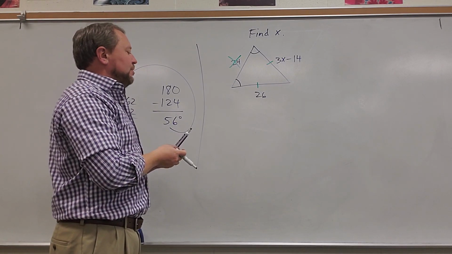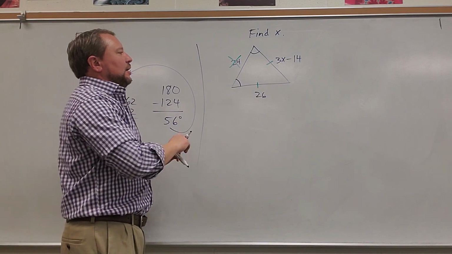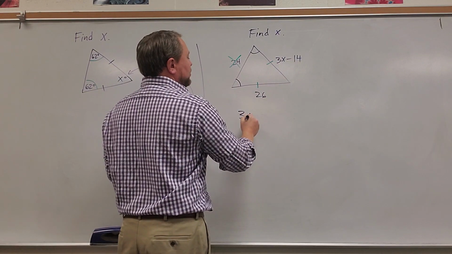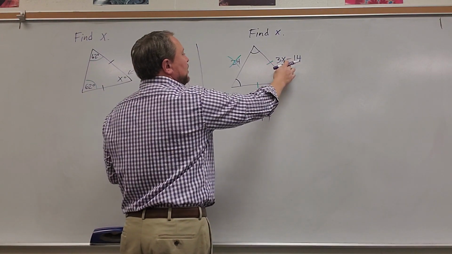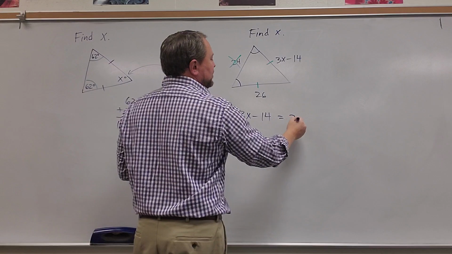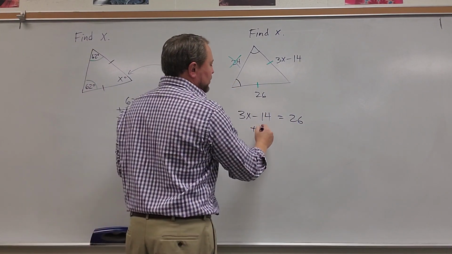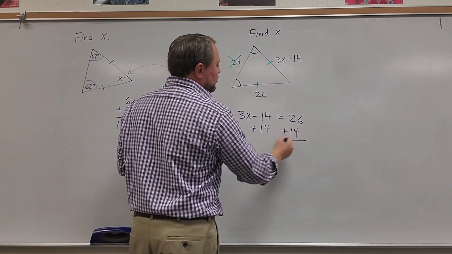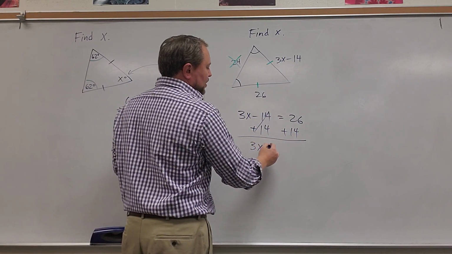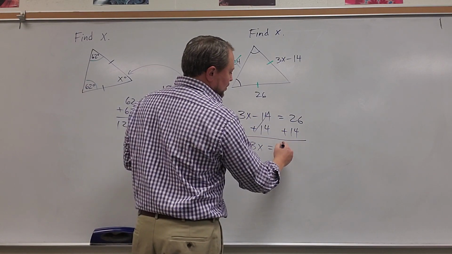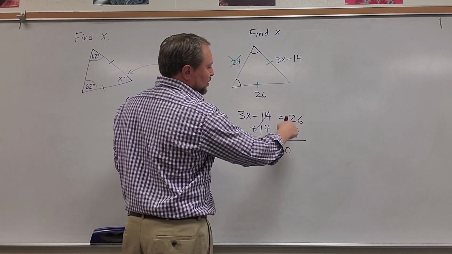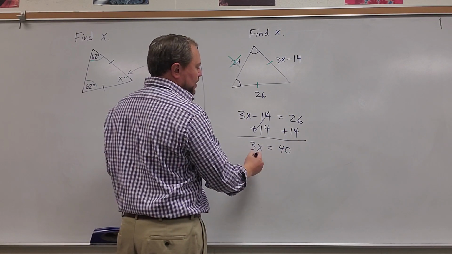All I would simply do is say that 3x minus 14 has to equal the 26, not the 24. Okay, and then of course we would add 14 to both sides, and then 30, 40, yep. Then divide by the 3.